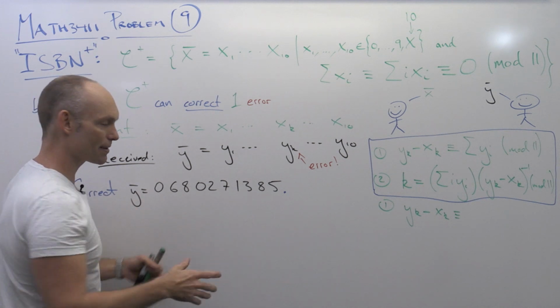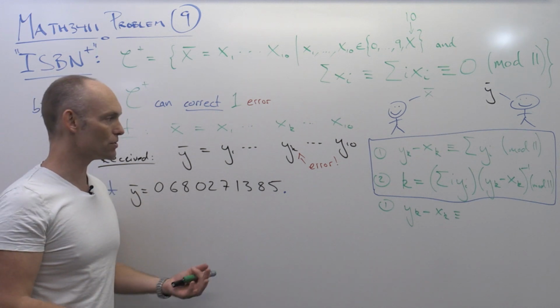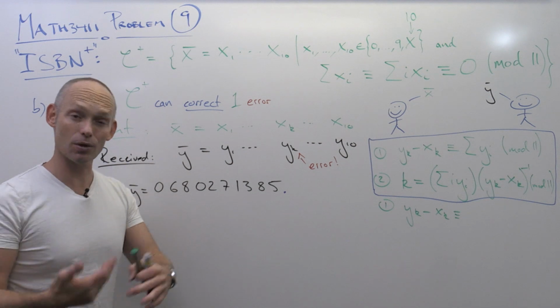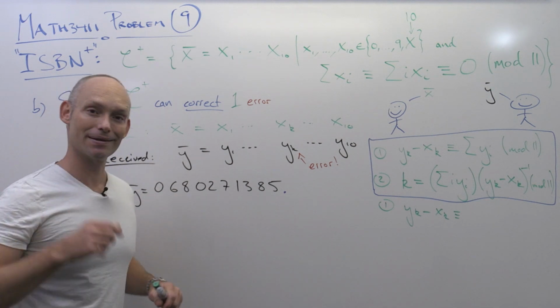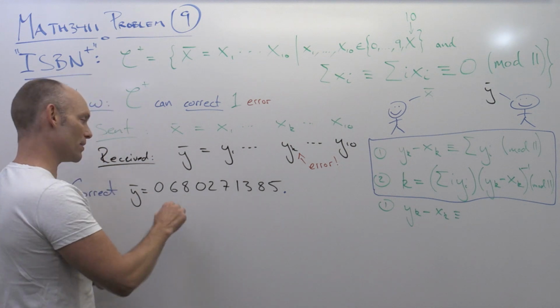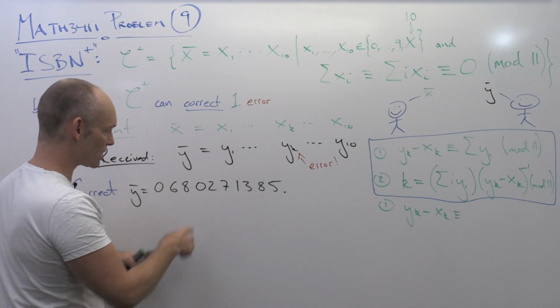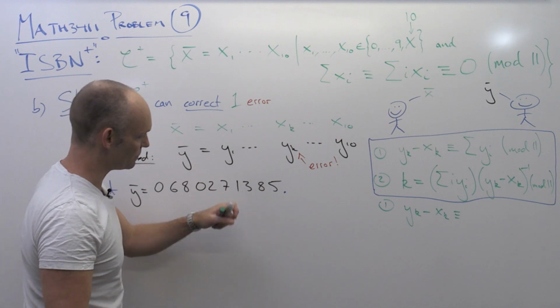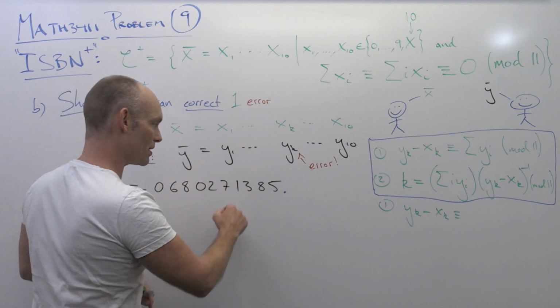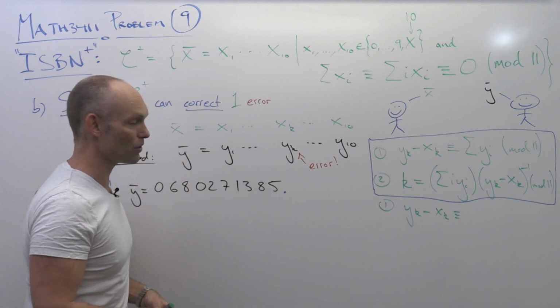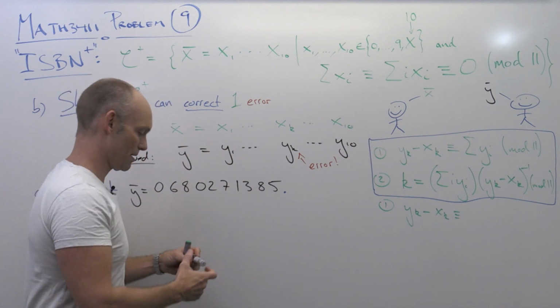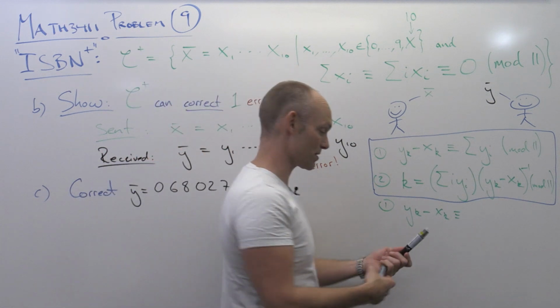You could add them all together, get a number, reduce it mod 11, or you could reduce things as you go along to make the calculations just a little bit easier if you're doing it by pen and paper or in your head. So anyway, let's have a look. 6 plus 8 is 14, 16, 23, 24, 27, 35, 40. 40 reduced mod 11 is minus 4, or 7 if you want.